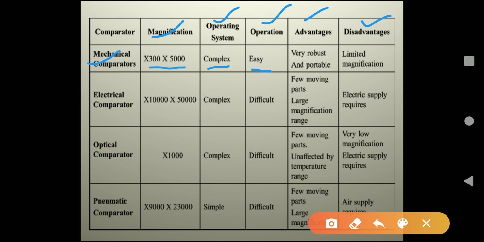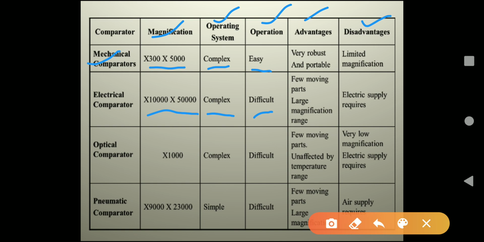Electrical comparators magnify up to 10,000 to 50,000. Their operating system is complex and operation is quite difficult. Their advantages are few moving parts and a large magnification range, and their disadvantage is that they require electrical supply.